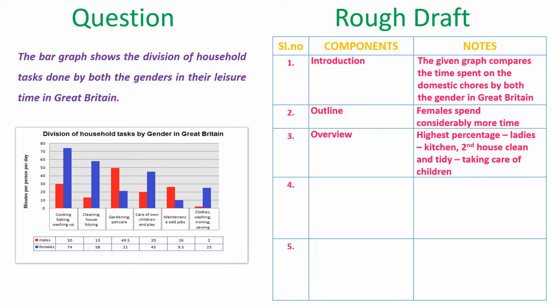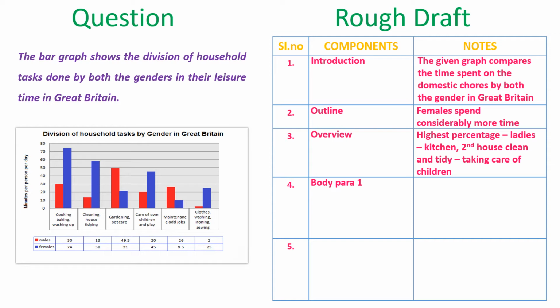taking care of the children. The fourth component of the report writing is body para 1. In body para 1, you will have to write exactly what you have written in the overview. But remember, you must not repeat the same words, you must paraphrase the overview, but you should write it along with the statistical data.